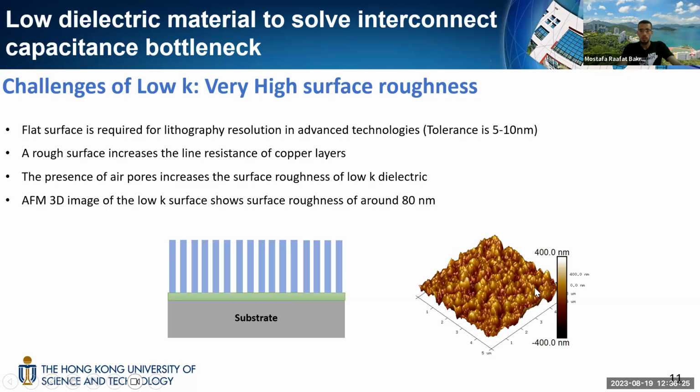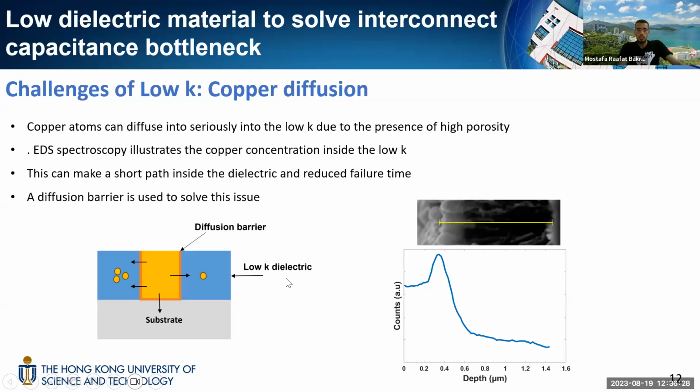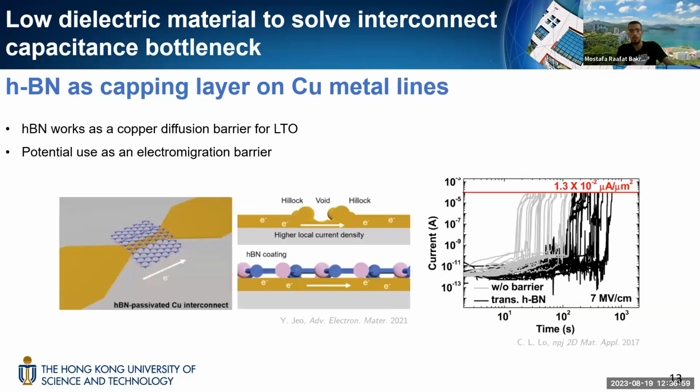The second challenge is about copper diffusion, because if we have a metal via as shown here, copper can diffuse from all sides into the low-K dielectric, and this diffusion of copper atoms can form a short path for the current to pass through the dielectric material, and this will cause breakdown and reduce the failure time. So this is another serious issue that has to be solved to increase the failure time and prevent copper diffusion.